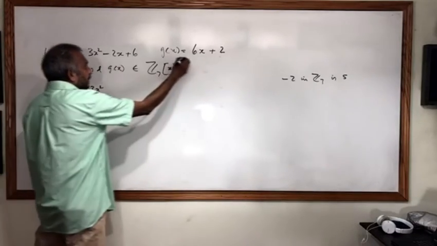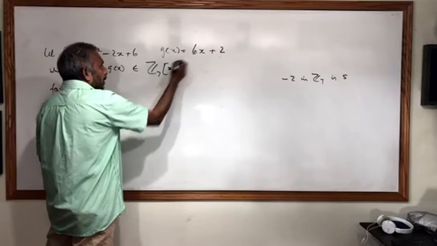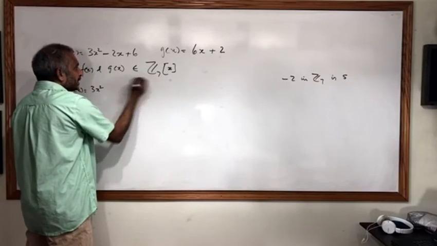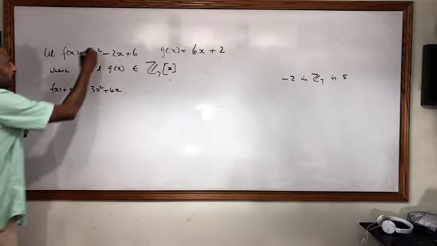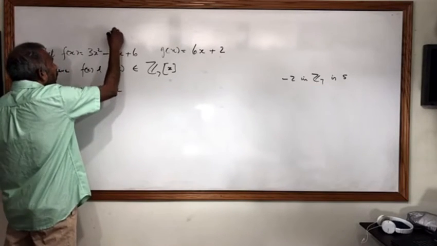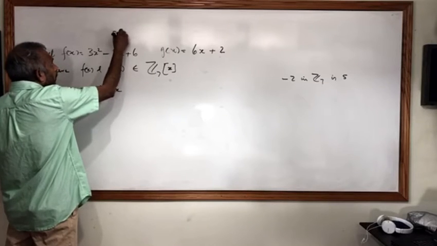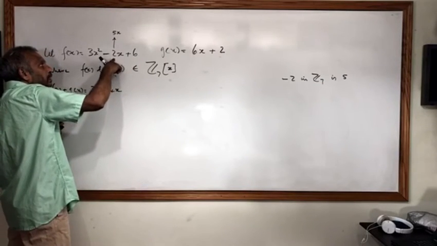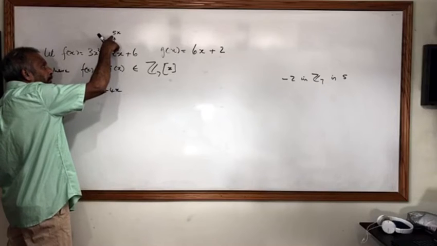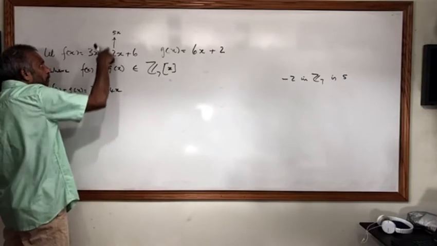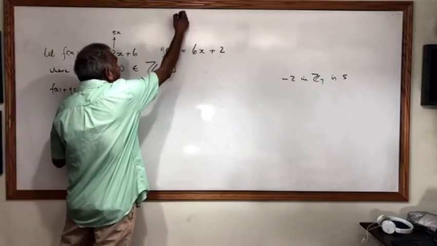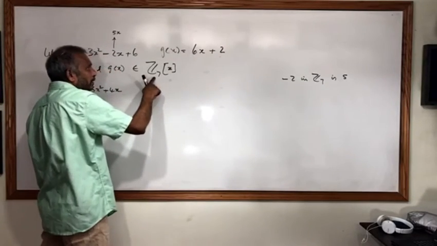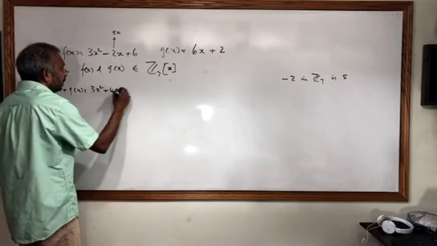Plus 5x plus 6x is 11x, mod 7 that is 4x.